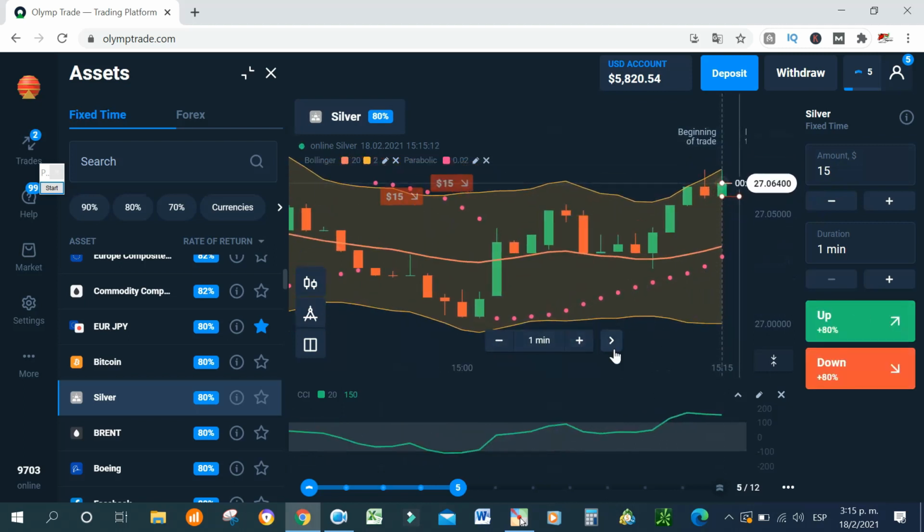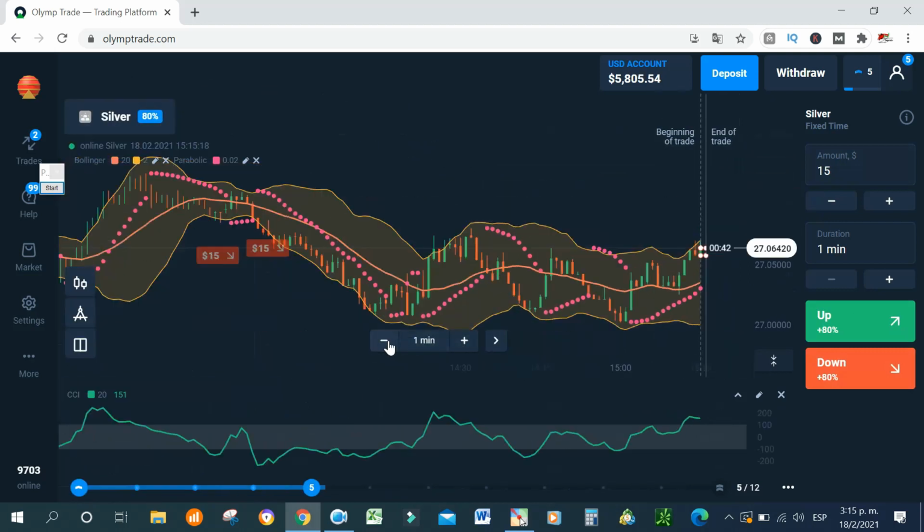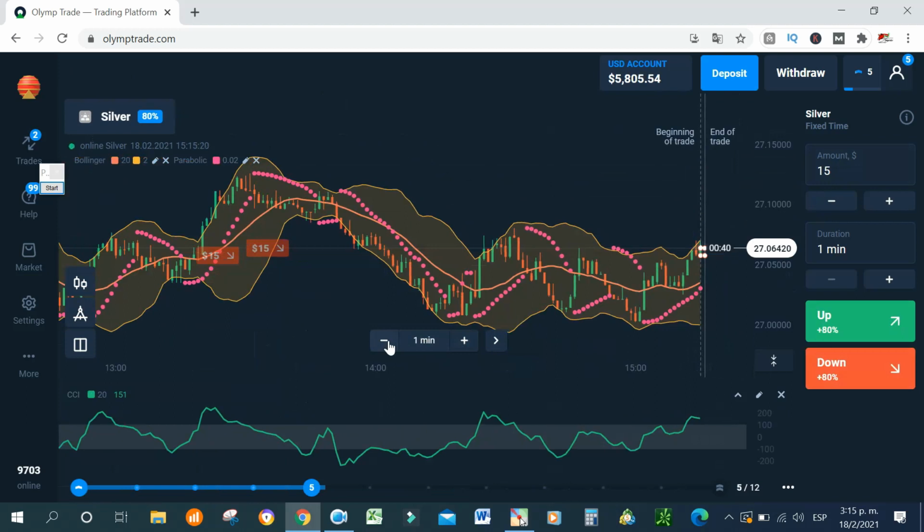Let me take another one just to optimize the price. So guys, let me tell you something about this. How we can combine the market condition with this strategy. Guys, this asset, which is the silver, is trading in a range that you can see here.